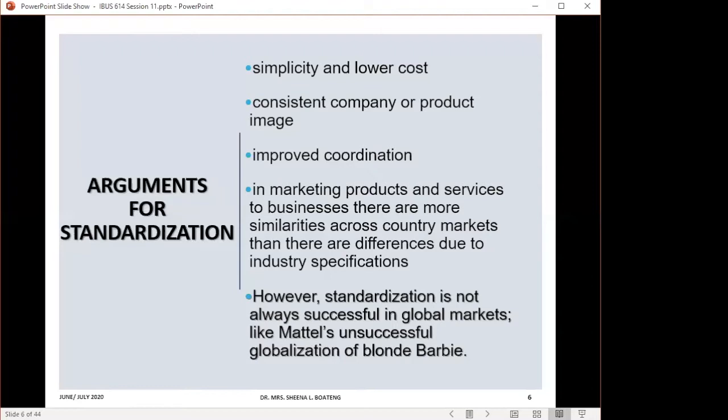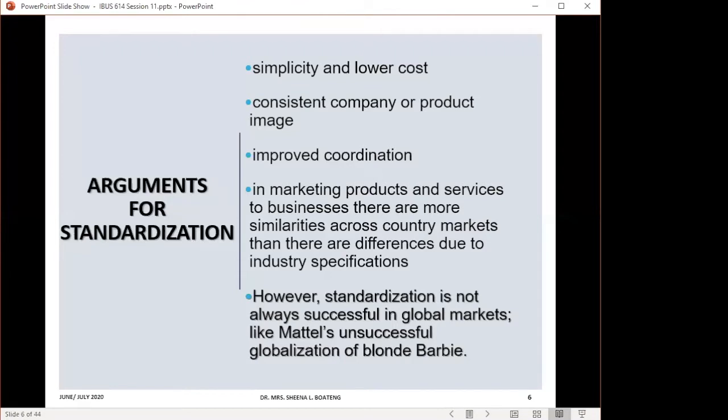As you will learn very soon, there are varying degrees of standardization, and standardization in itself becomes more difficult as you go to various layers of the product. So standardization here refers mainly to the core product. You can standardize the core product to the extent where you can only make certain minute changes.